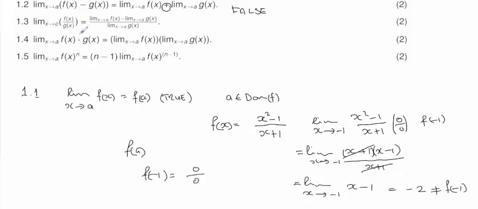And then coming to number 3, number 3 was false again, I think for the obvious reason that on the right hand side the limit is calculated as x tends to a, but on the left hand side it is calculated as x tends to c. And then coming to number 4, again, this will be true if the limit of f and that of g exist, then we would get this product too.